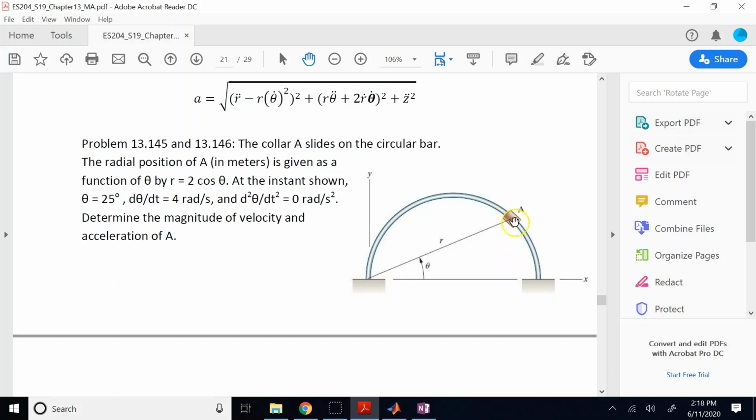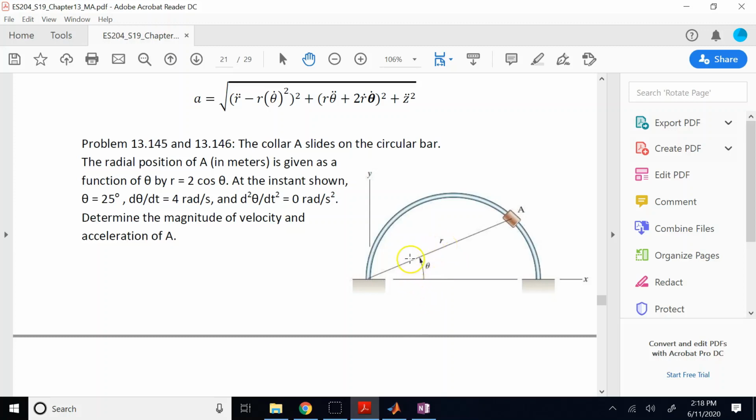And we describe the position of this collar on this arc, instead of using x and y, using r and theta, where r here is the radial distance of the collar from the origin, and theta is the counterclockwise angle. Now, at this moment, the angle is 25 degrees. The rate of change of rotation, theta dot, is 4 radians per second. And theta double dot, the angular acceleration, is 0.